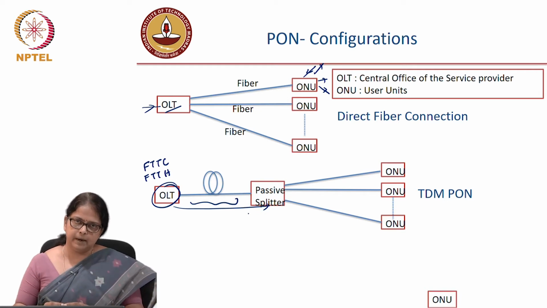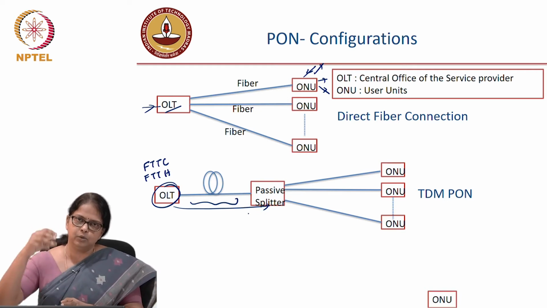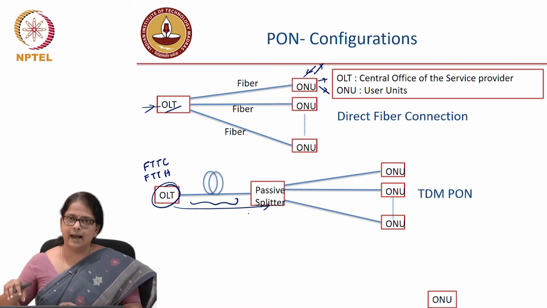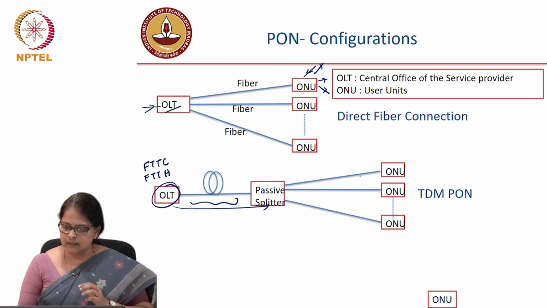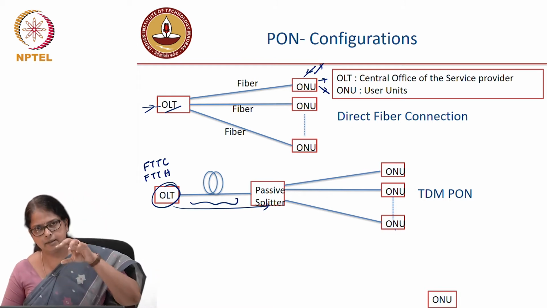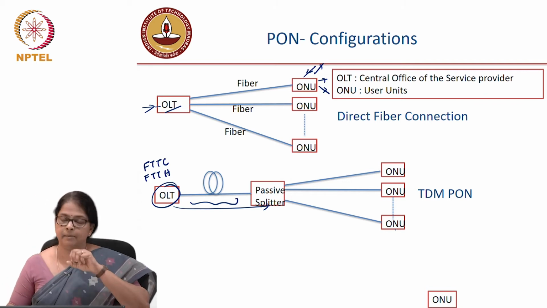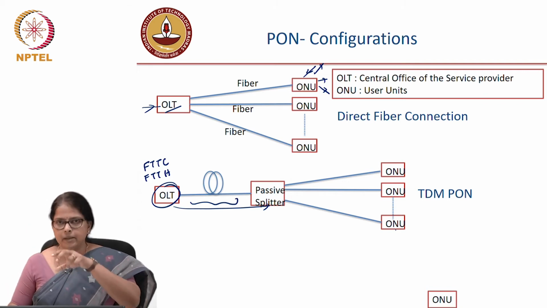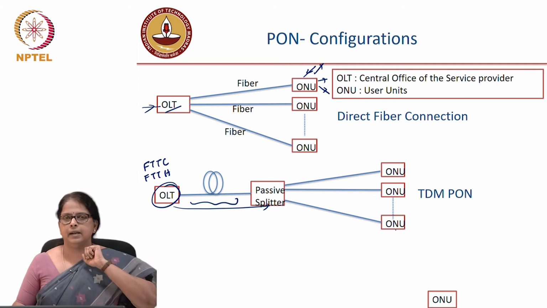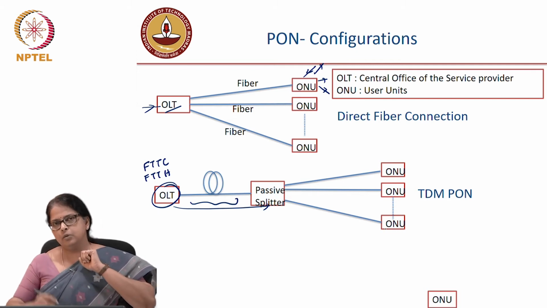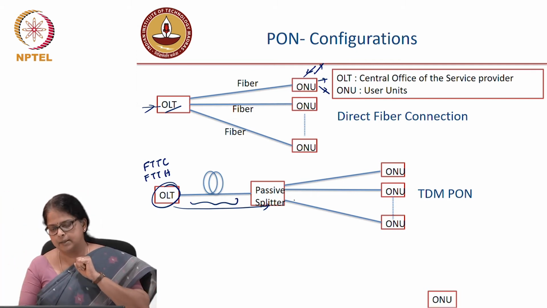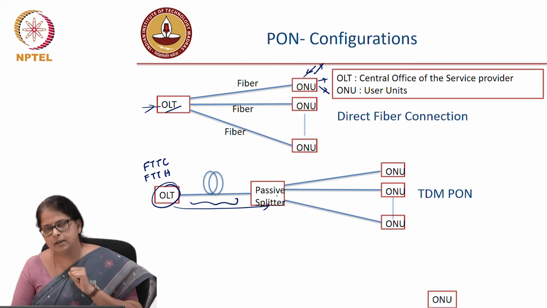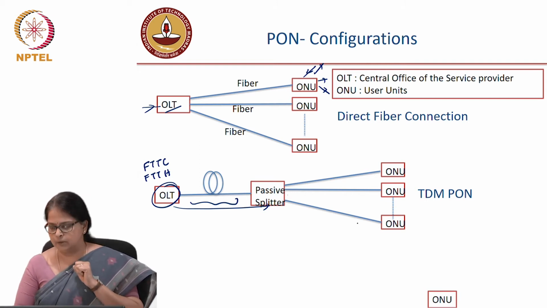And in that apartment complex, you could have the user equipment kept in different flats, right? And this split can happen at the apartment complex. So this split can happen in the individual building, and each of the ONUs kept in different flats can be serviced by the different legs of this passive splitter.